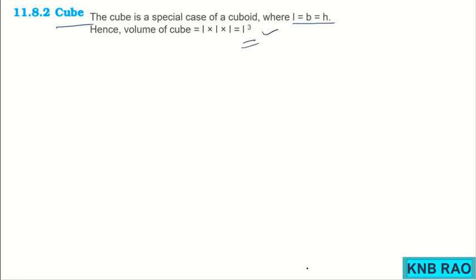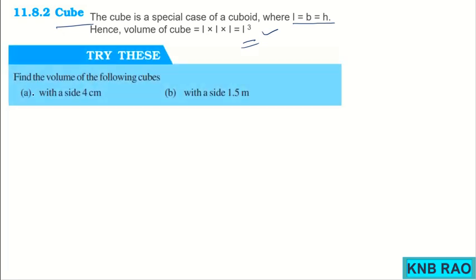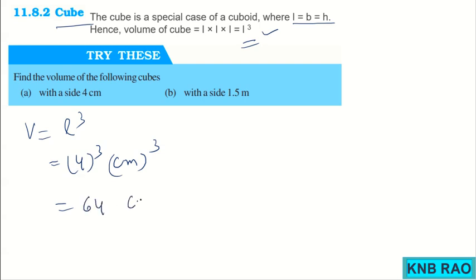Okay. Now, how to find the volume of the following cubes with the side 4 centimeter. So, volume equals L cube, that means 4 cube centimeter cube, where 4 cube is 64 and centimeter cube is cc, cubic centimeter.